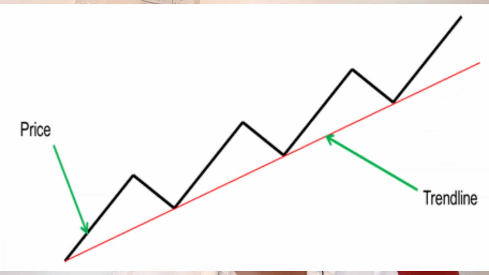Your key levels are drawn at the bodies of your candles, not at the wicks. Trend lines, you draw them at the outer wicks of your candles. The problem with drawing trend lines too close to the bodies of your candles is that you will most likely get premature entries or you'll most likely be a victim of market manipulations.